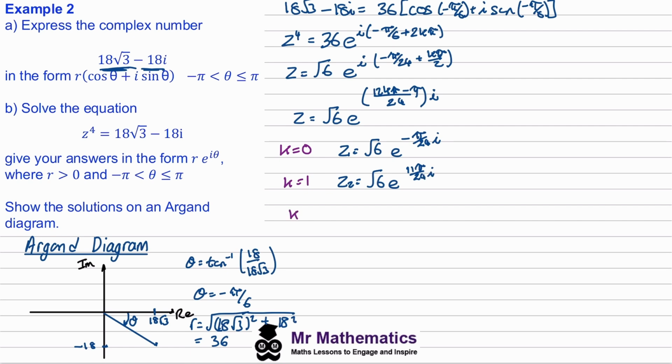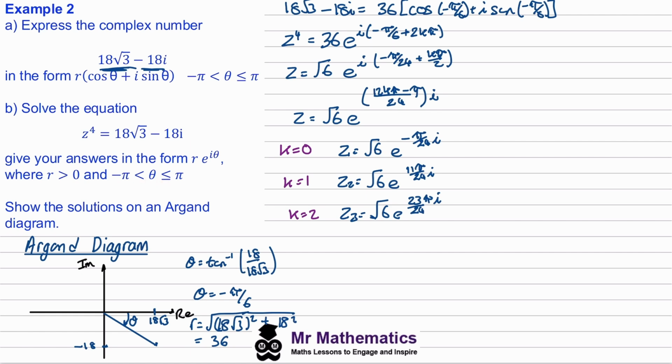And then when k equals 2, our third solution will be root 6 e. This term will become 24, take away the 1, over 24 pi i. And if we let k equal 3, then this becomes 36 pi, take away 1, so 35 pi, and that goes beyond our range.